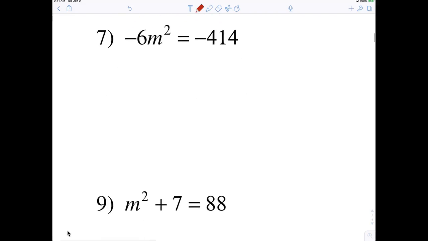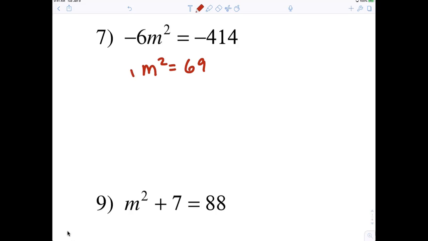All right. What do I have to do first? Divide by 6. All right. So m squared is equal to, what's 414 divided by 6? What is it? 69. All right, so now what? Yep.